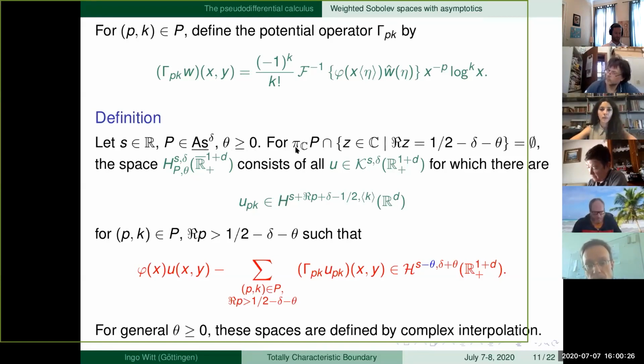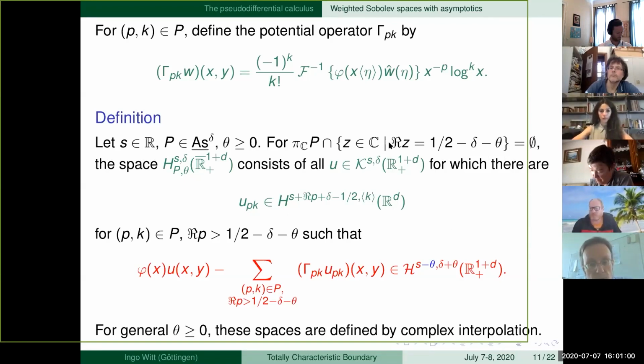Regarding asymptotic terms, if you have Sobolev spaces whose order is a half integer, they are exceptional. The same phenomenon we have here, so we have to exclude those zetas from the consideration at first, but this is a discrete phenomenon. In the end, we get the whole scale by complex interpolation. So that's not a big deal.